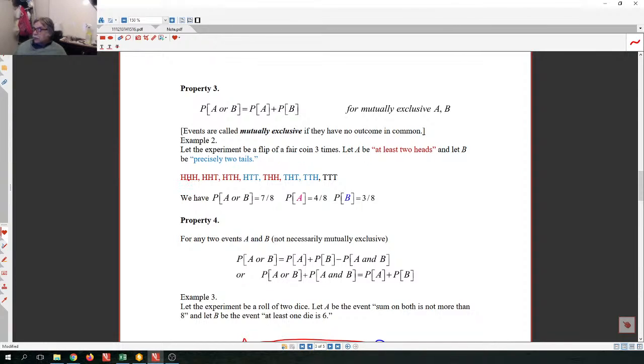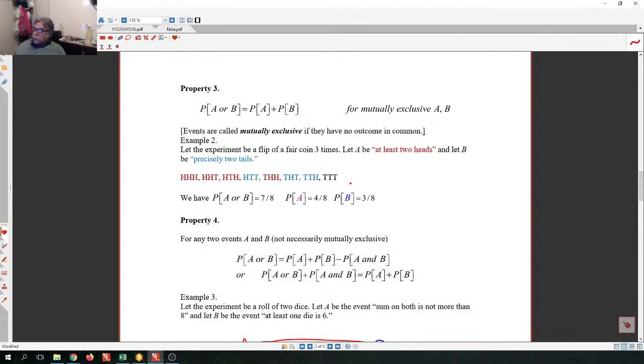So this is HHH, HHT, HTH, and THH. And let B, the next event, be precisely 2 tails. That will be HTT, THT, TTH. This one doesn't count because it's not exactly two tails.